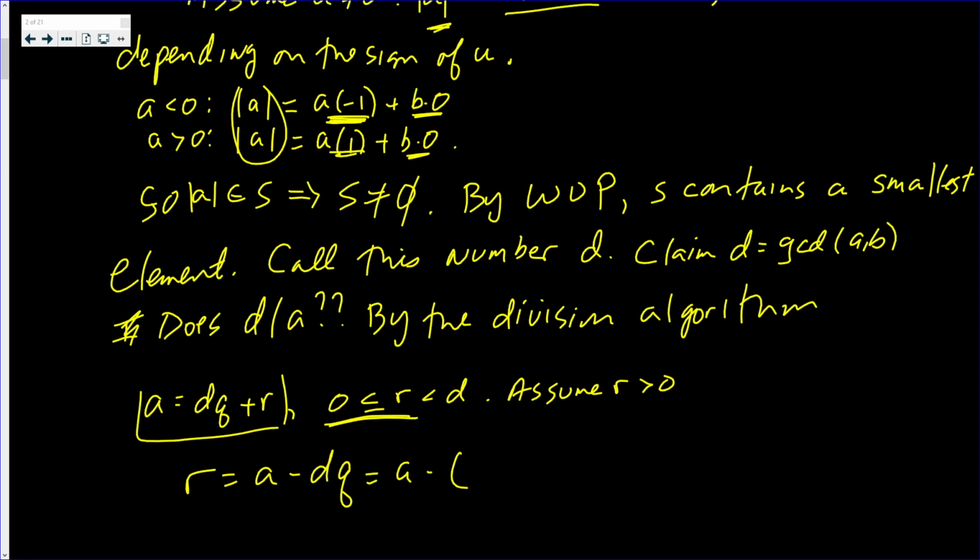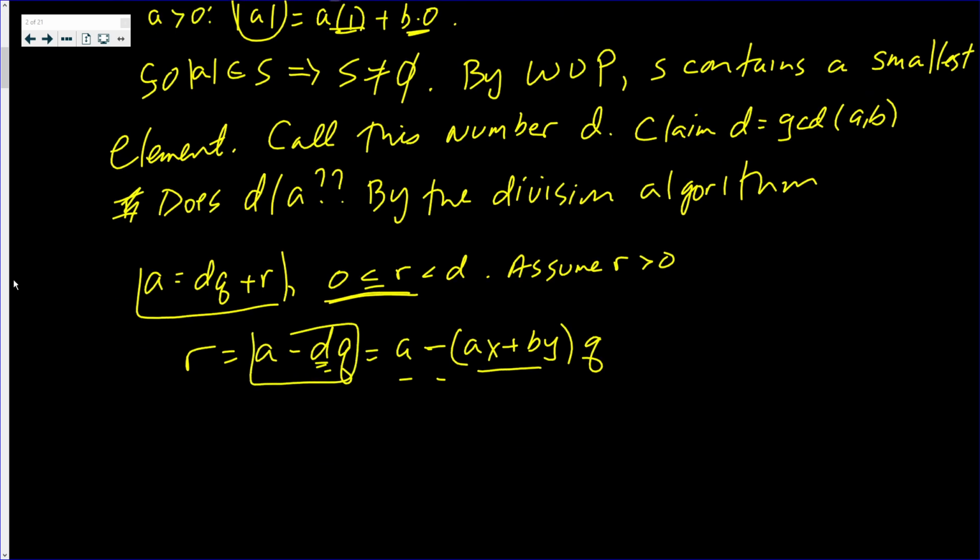But as I said a moment ago, since D is in S, D is a linear combination of A and B, namely AX plus BY. D has to be multiplied by Q. R equals A minus DQ, just like it says here.